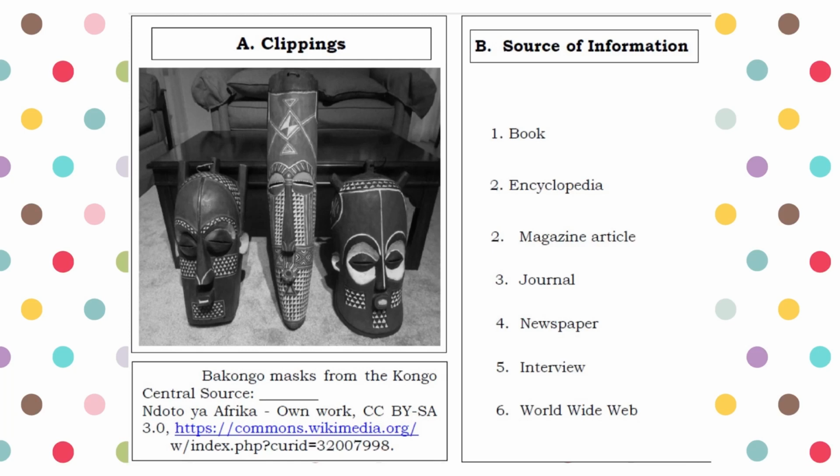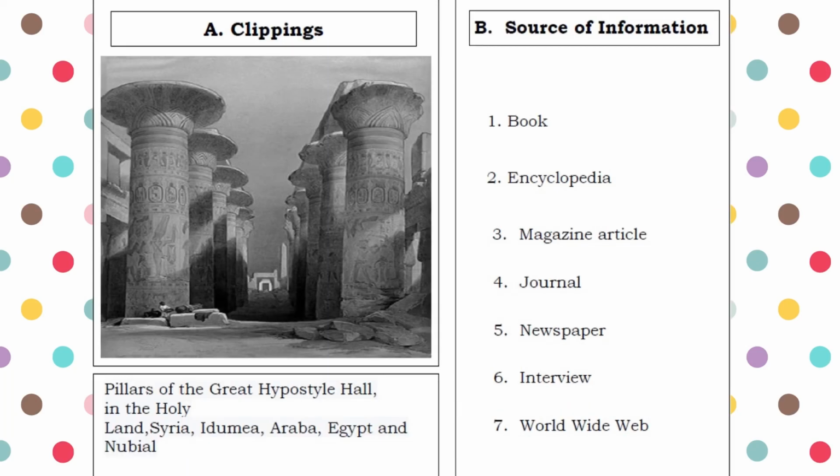Own work: CC BY SA 3.0. https://commons.wikipedia.org/w/index.php. Clipping number 5. Pillars of the Great Hypostyle Hall in the Holy Land, Syria, Edomia, Arabia, Egypt, and Nubia.